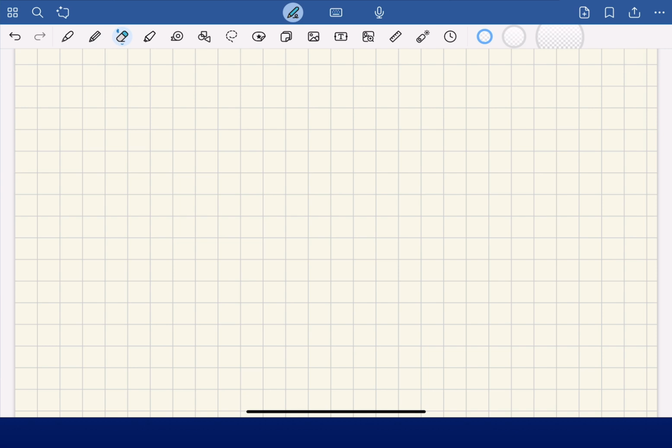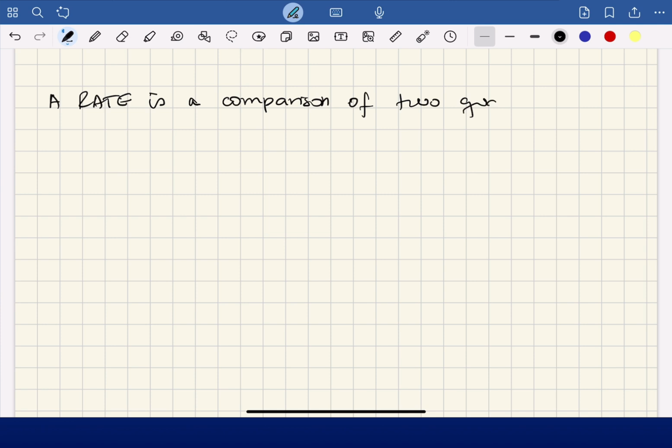We had defined a rate as a comparison of two quantities that can be written as a fraction.